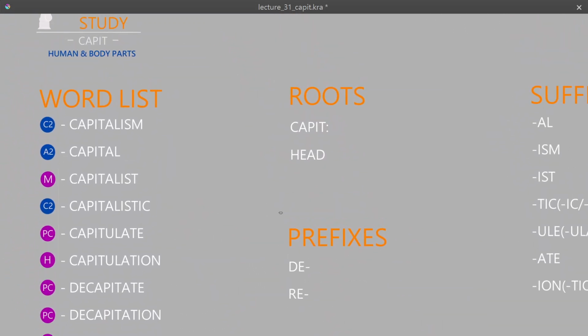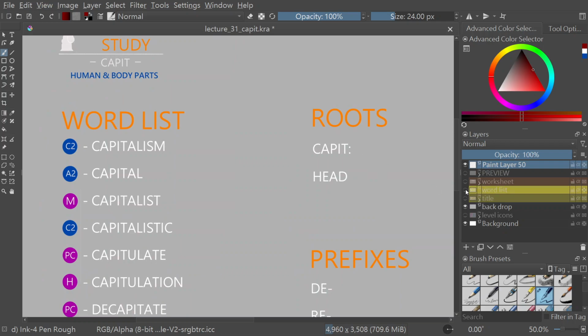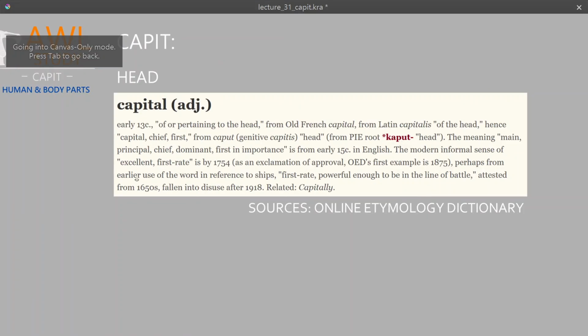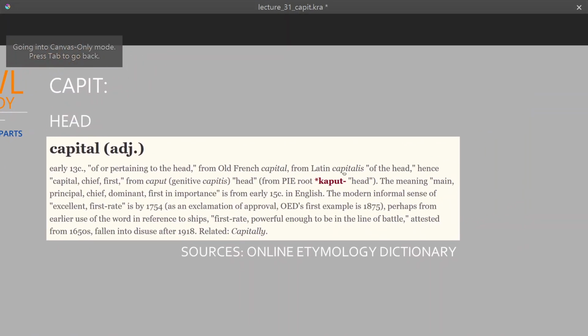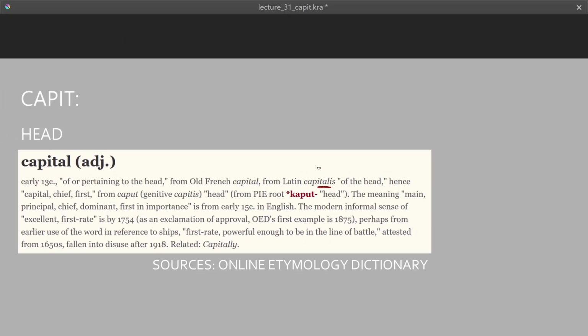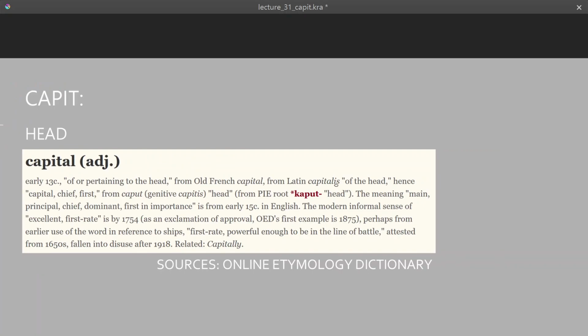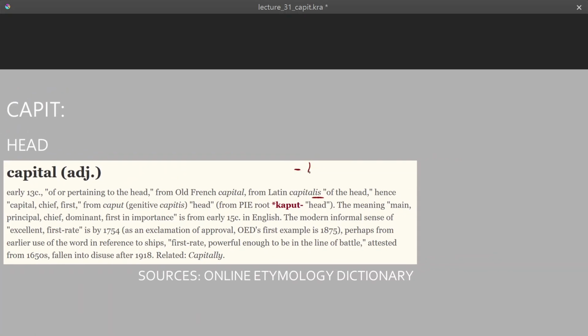Alright, so as usual, let's dive into the root itself. So we have the root CAPIT, followed by AL. In this case AL is an adjective suffix, followed by IS, which is a variant of US.